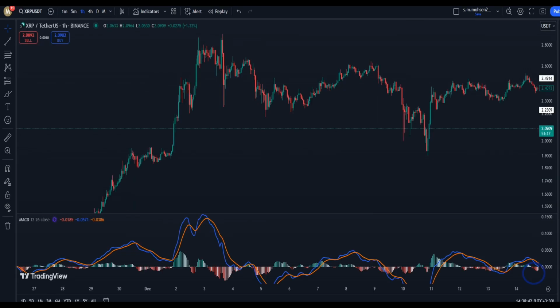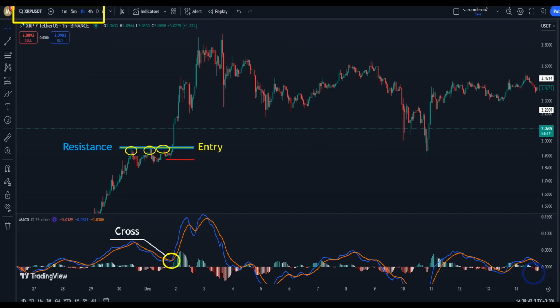In this chart of XRP-USDT in the 1-hour time frame, we have identified a resistance level where the price reacted. After the price touched and broke this resistance, a MACD crossover generated a valid long entry signal.